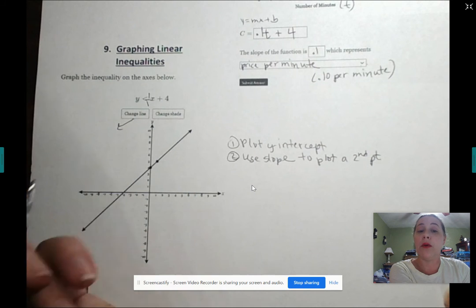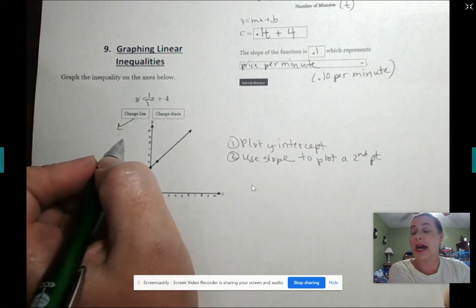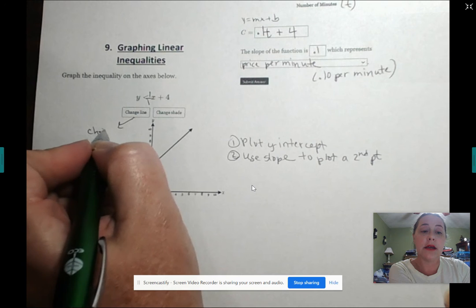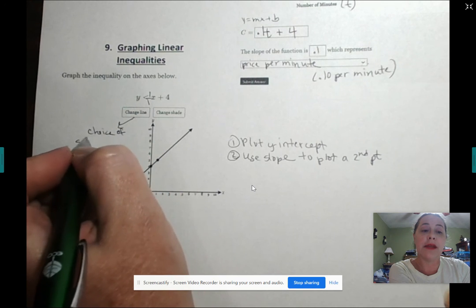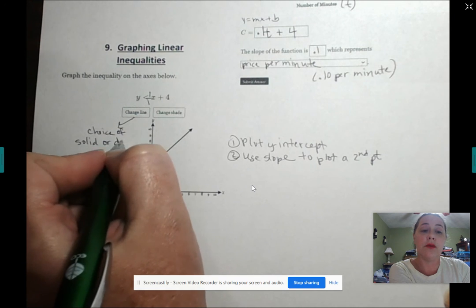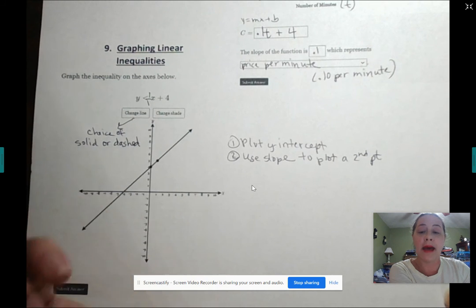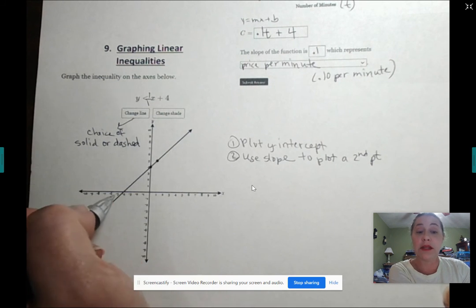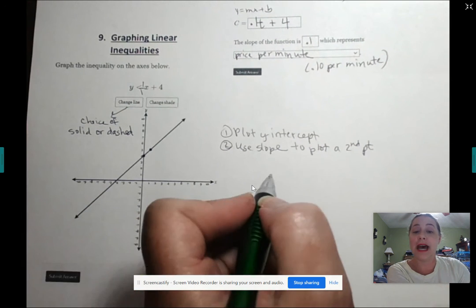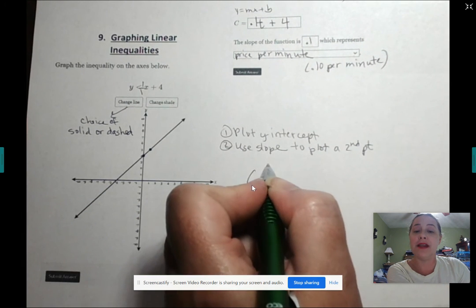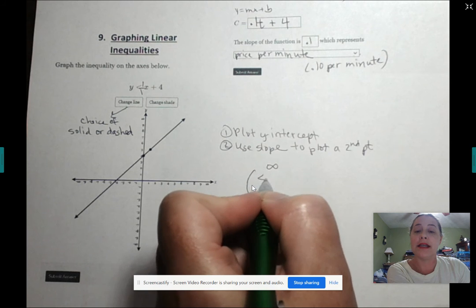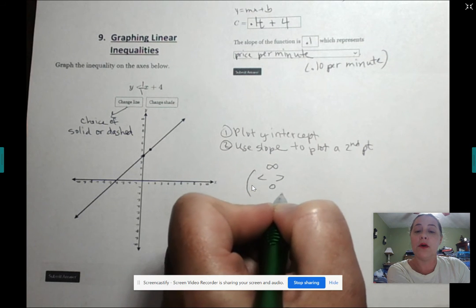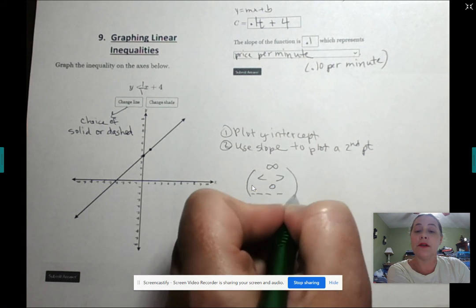You need to know whether that line needs to be solid or dashed. So you have a choice of solid or dashed. Now, I believe the default is when you click your second point, it automatically turns solid. You need to decide, do I want to keep it solid or do I want to change it to a dash? I'm going to remind you of the little organizer that reminds you of what goes with what.